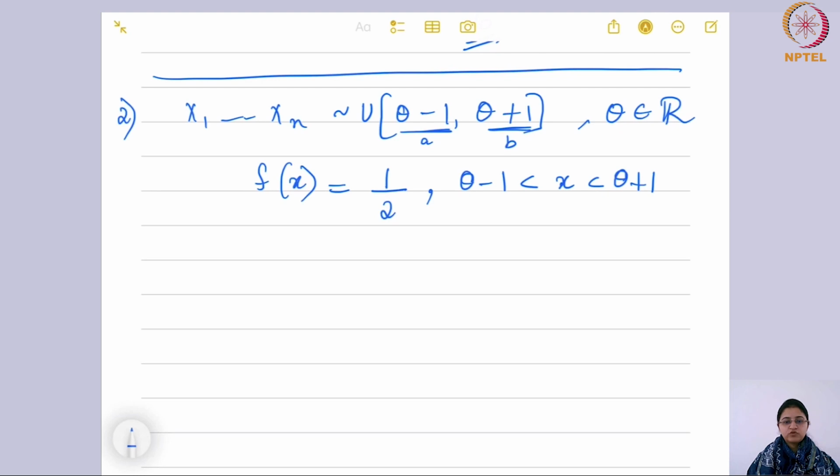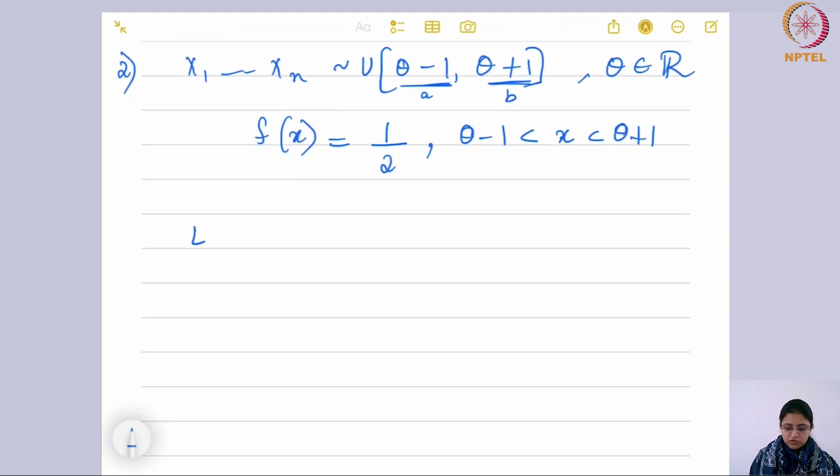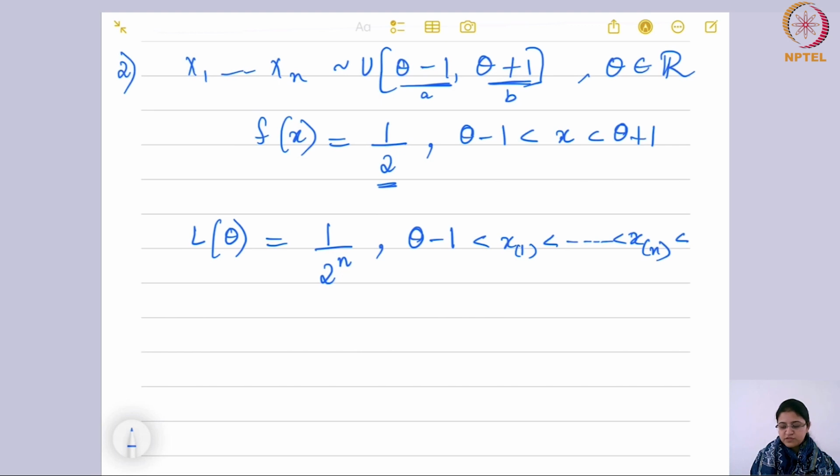Here you have to calculate the likelihood function. Since it is 1 by 2 for a single random variable, for n such variables it would be 1 over 2 raised to the power n. As we have said earlier, because the uniform distribution has the parameter involved in the support, all the Xi's, from X_(1) till X_(n), fall between theta minus 1 and theta plus 1.